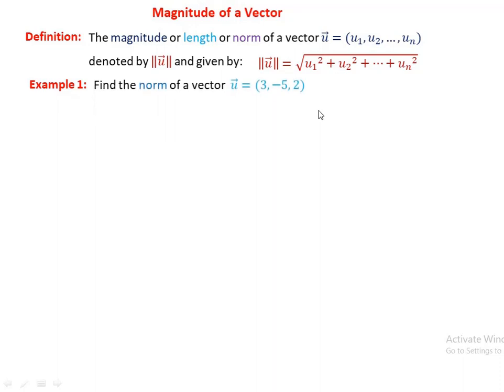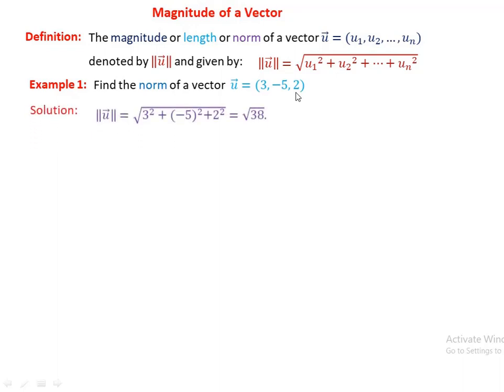Let's see an example. The first example: find the norm of the vector u = (3, -5, 2). Using the definition of the norm, length or magnitude of a vector, we can obtain the norm of the given vector u.